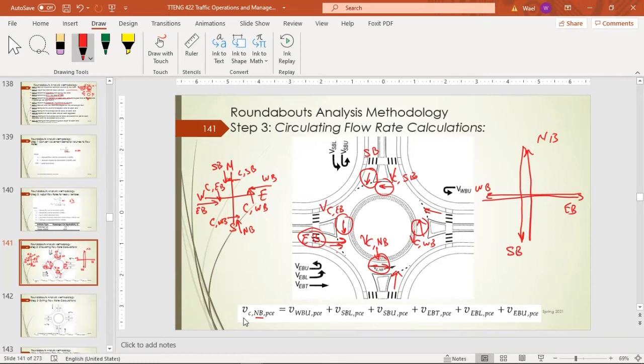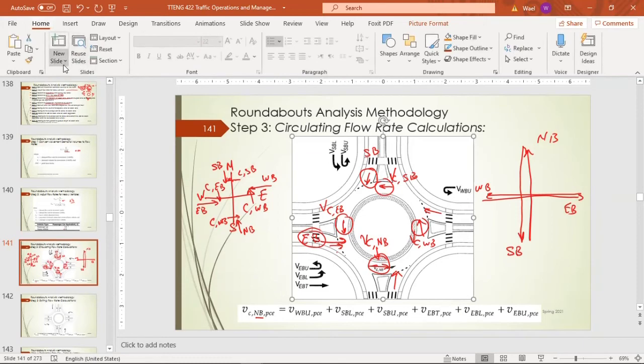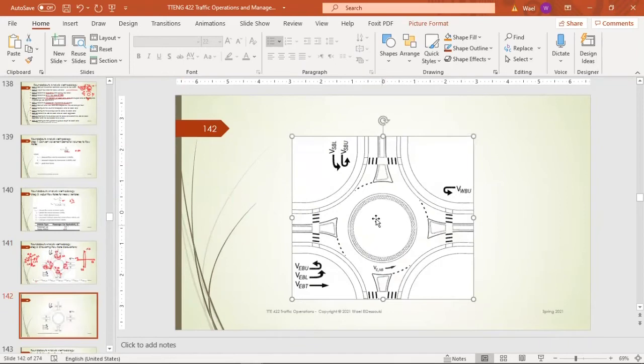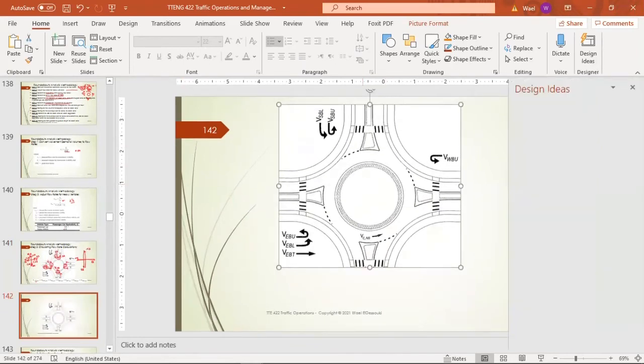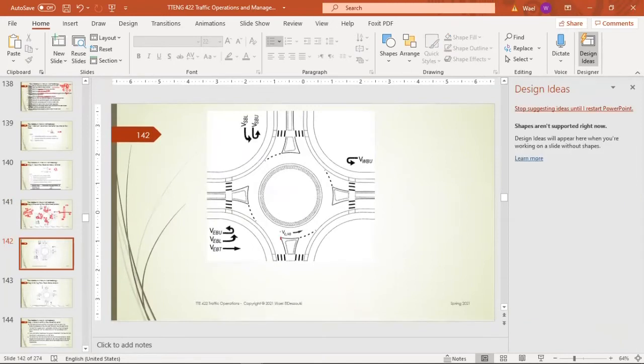So the VC northbound, okay. What is conflicting here with the northbound? Let me just grab this and insert it in a new slide. So here, guys, VC, the volume conflicting with the northbound, here comprised of what?